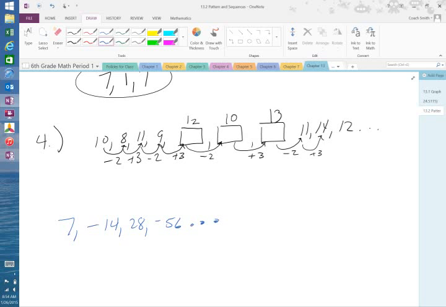Okay, it's a little deceiving because to go from 7 to negative 14, we would usually think that we're doing what? You're subtracting or dividing.